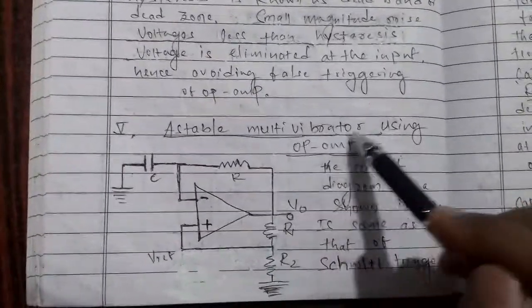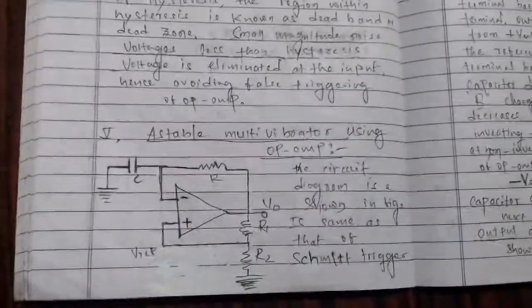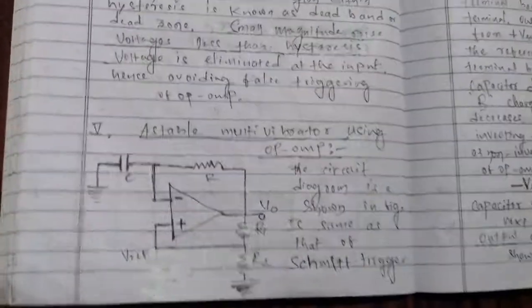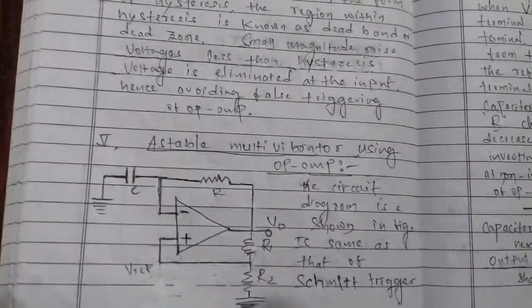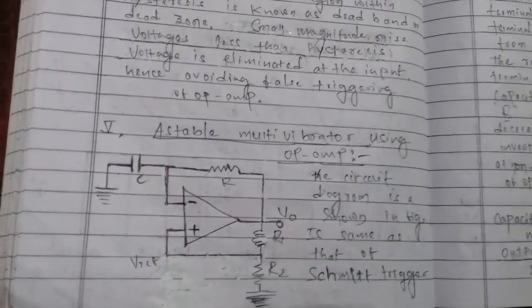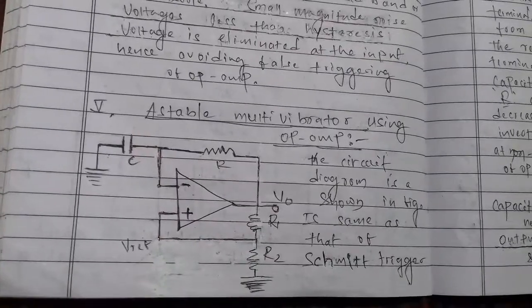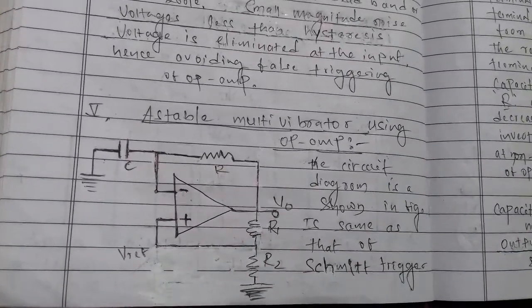Astable multivibrator using op-amp. The circuit diagram is as shown in the figure.